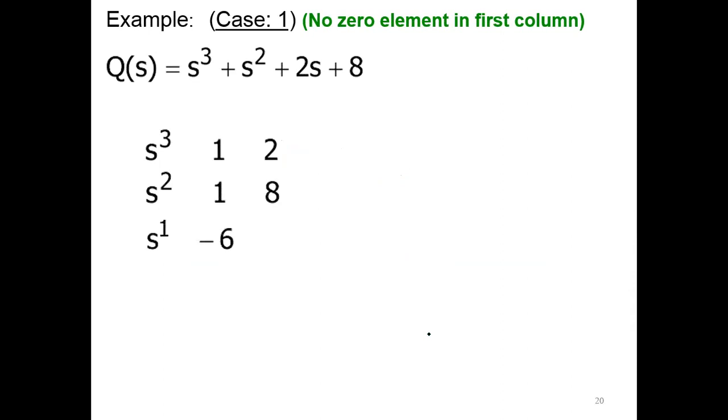Our first step is to make the Routh table starting from s cube, s square, s1 and s naught, 1 and then 1 coefficient, 2 and 8. Minus 6 is obtained by dividing minus 1 over 1 and taking the term 8 minus 2, which is equal to 6. This will be the first column and this will be the second column of the determinant, like this, minus 1 over 6.